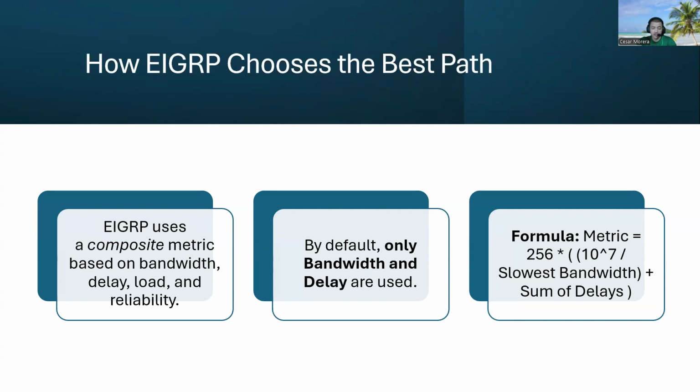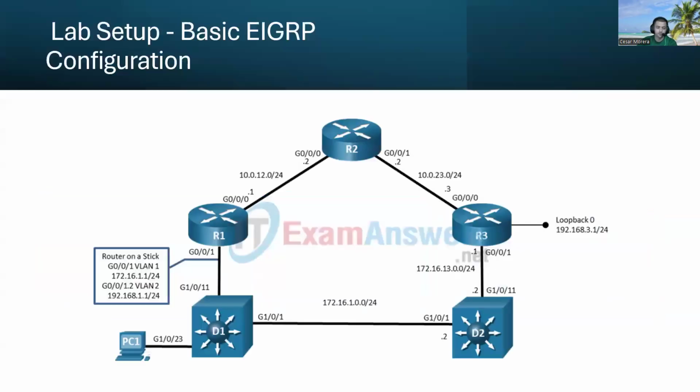So the formula is basically 256 multiplied by the sum of 10 to the power of 7 divided by the slowest bandwidth, plus the sum of delays. That's the formula that we use to calculate the metric for EIGRP.